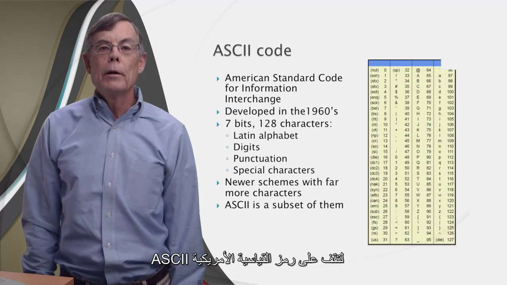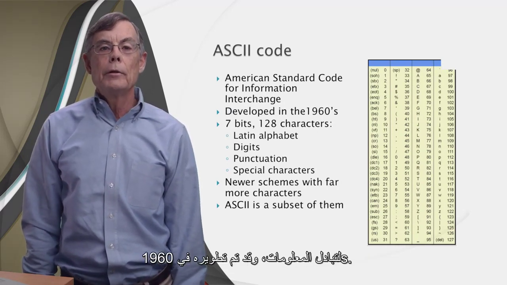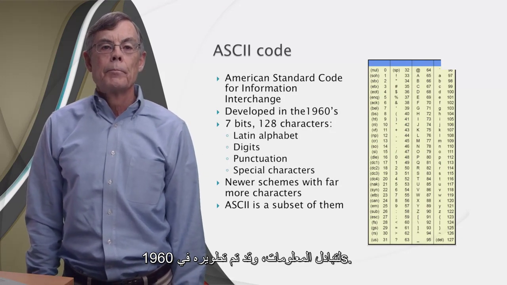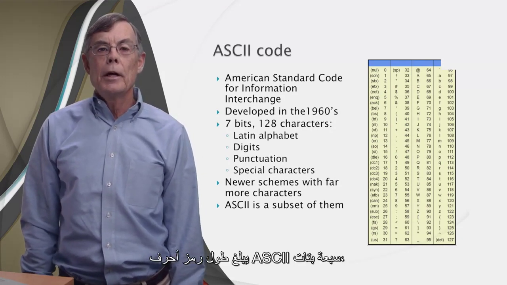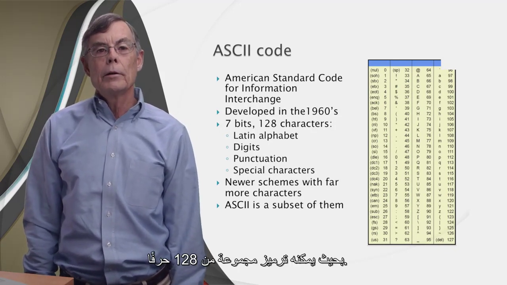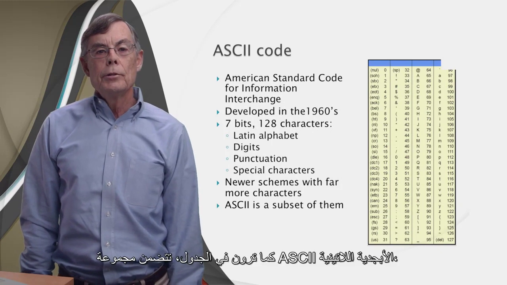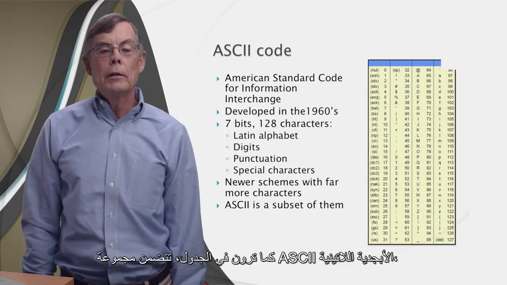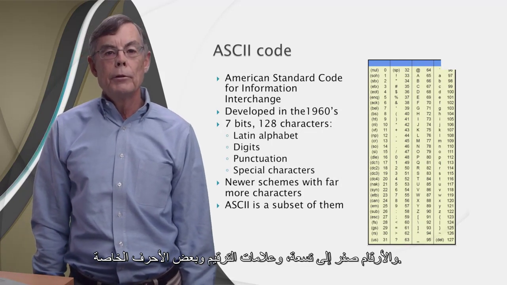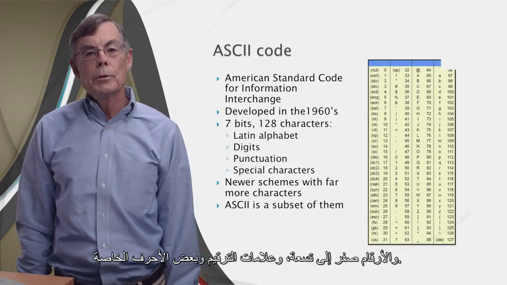ASCII stands for American Standard Code for Information Interchange, and it was developed in the 1960s. An ASCII character code is 7 bits long, so it can encode a set of 128 characters. As you can see in the table, the ASCII set includes the Latin alphabet, the digits 0 to 9, punctuation marks, and some special characters.